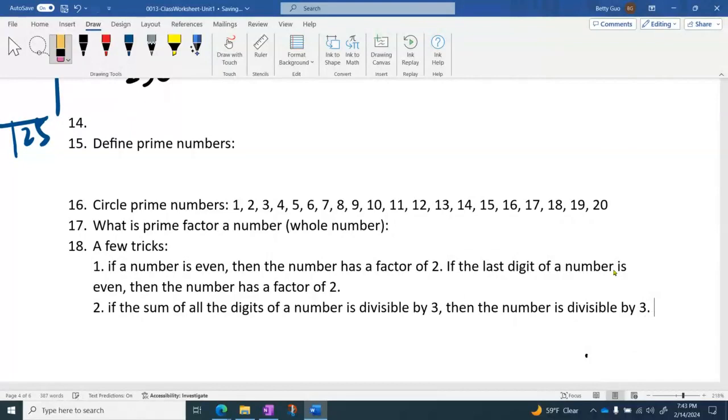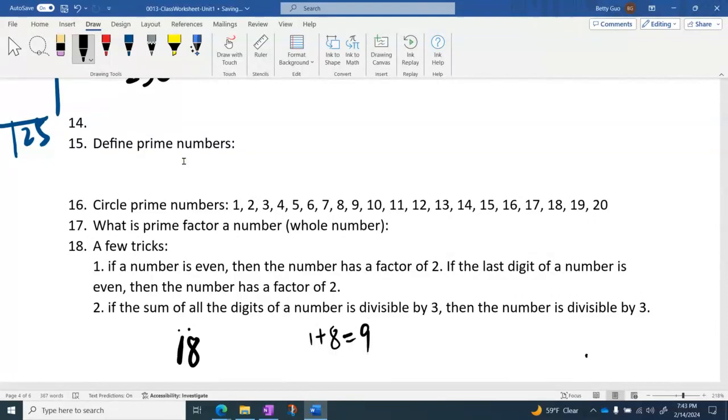For example, let me give a small number first, 18. How many digits in 18? 2, right? We add the 2 digits together, what do you have? 9.